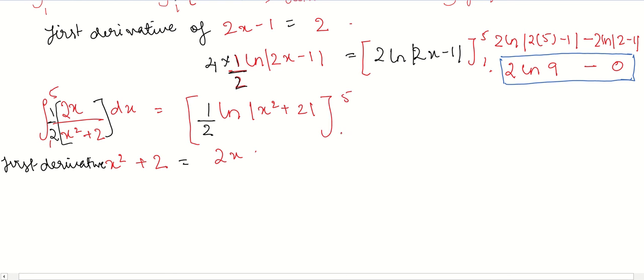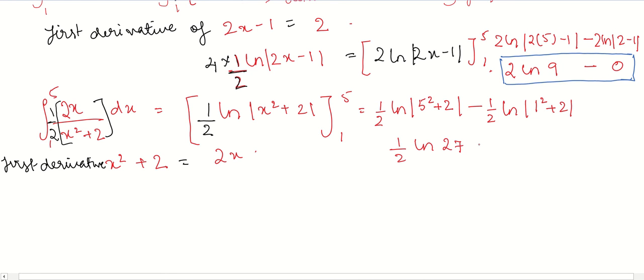That's going to be equal to 1 by 2 ln of 5 squared plus 2, minus 1 by 2 ln of 1 squared plus 2. So that's going to be 1 by 2 ln of 25 plus 2, 27, minus 1 by 2 ln 3. Okay, fair enough.